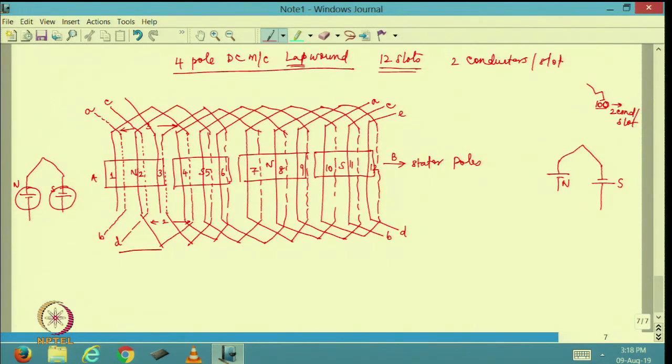So, let me draw the commutator segments also. So, these are going to be the commutator segments which are coming up like this, right.